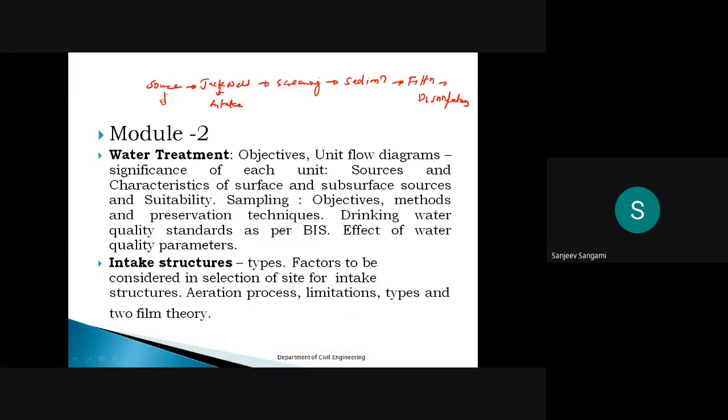Then the drinking water quality standards as per BIS, that is the IS 10,500 2012 code. Then the intake structure: I already said the jack well itself is an intake structure, so how exactly it has to be constructed, we will discuss. The remaining part, the third, fourth, and fifth modules, and the recommended books, we will discuss in the next class.